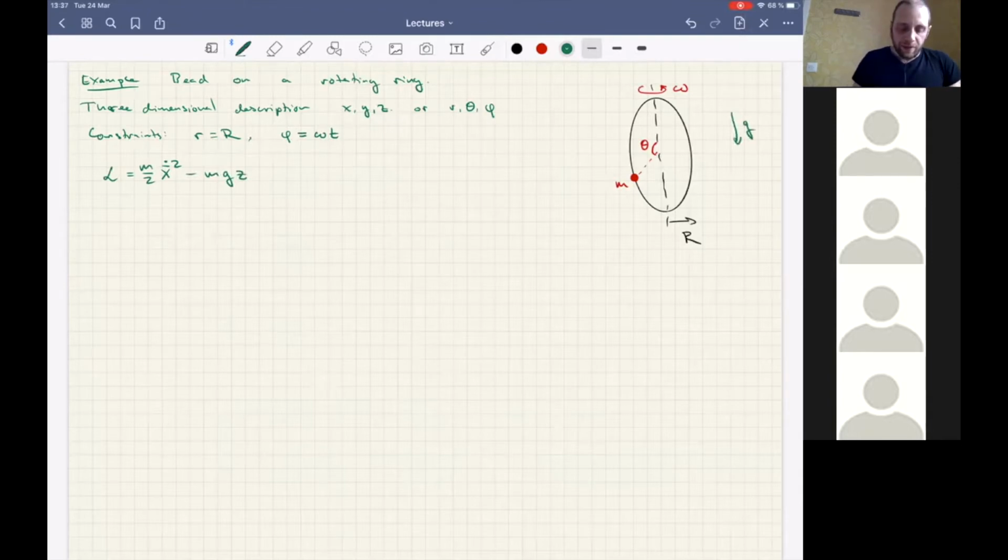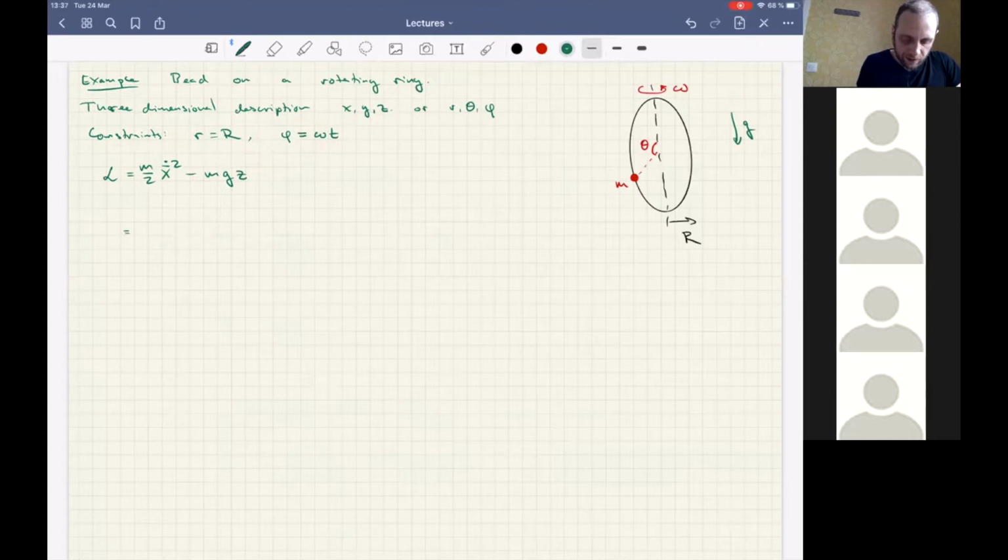So now if I implement these constraints, and I use the angle theta as my remaining parameter, then I can rewrite all of this.